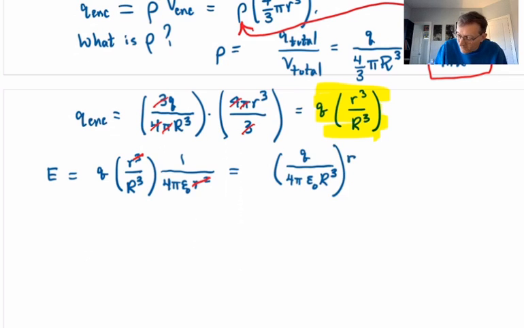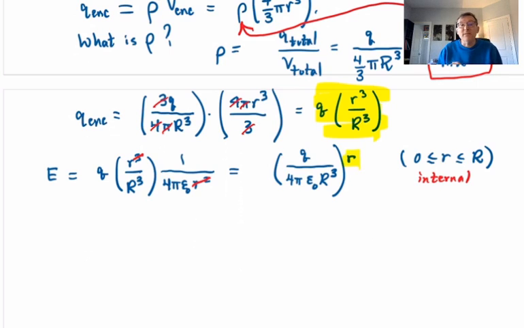And this formula is valid for r between 0 and big R. This is the internal field. Okay? Notice it grows linearly with r.